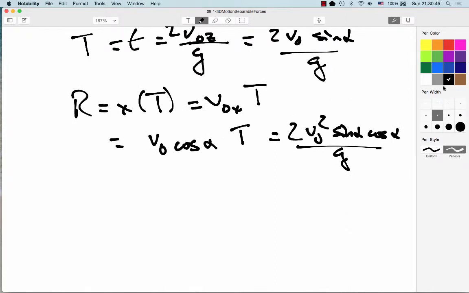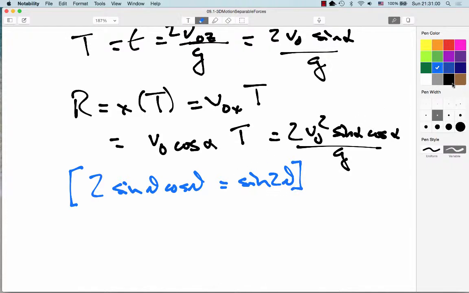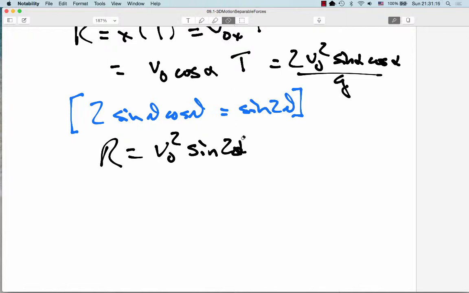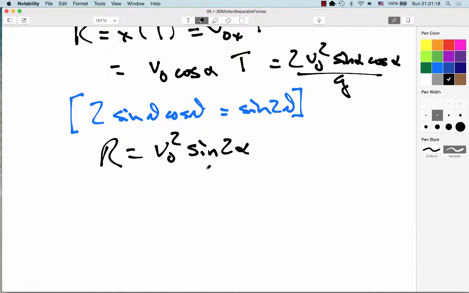If you're super handy with your trig identities, or if you just look them up in a table like me, you recall that 2 sine theta cos theta equals sine of 2 theta. So using that, we can get that the range is equal to v naught squared times the sine of 2 alpha over g.